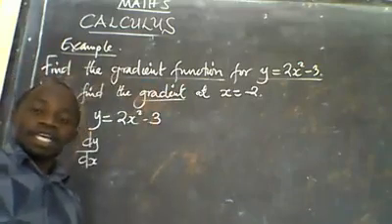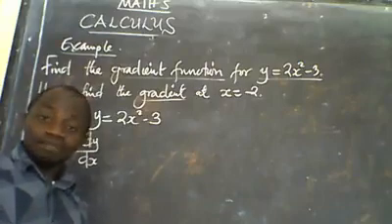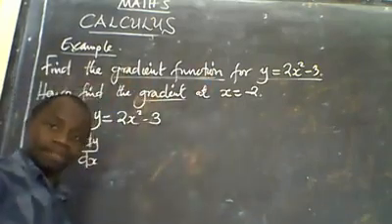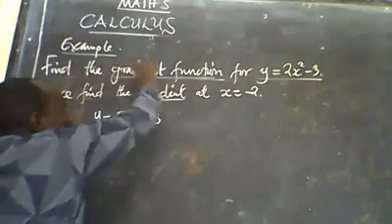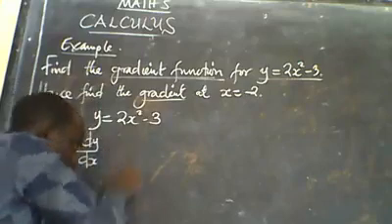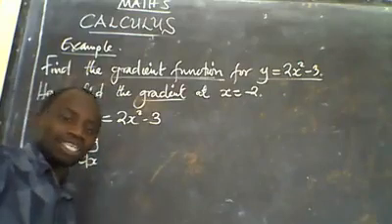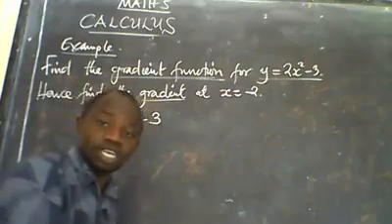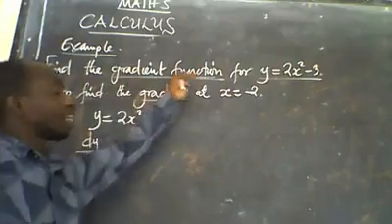In the exam, this is not the only way they use it. It has got a lot of meanings, but the procedure is the same. So when they say differentiate, it's the same as finding the gradient function.